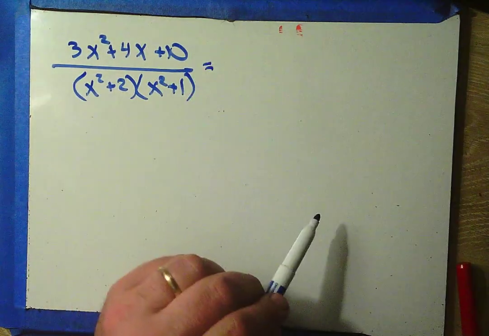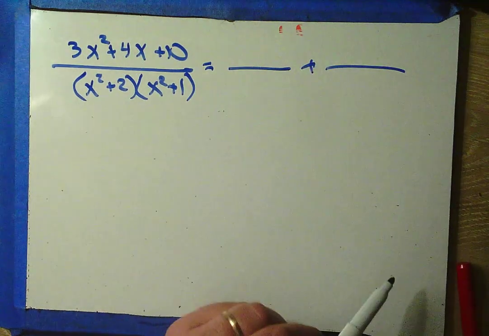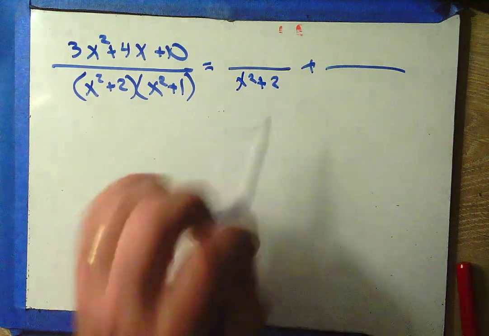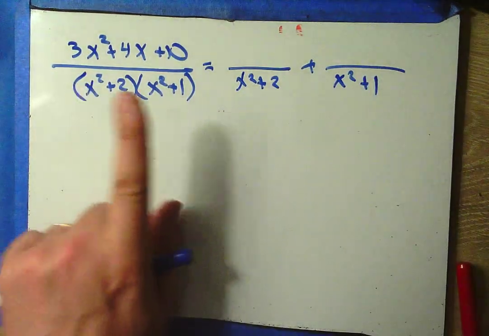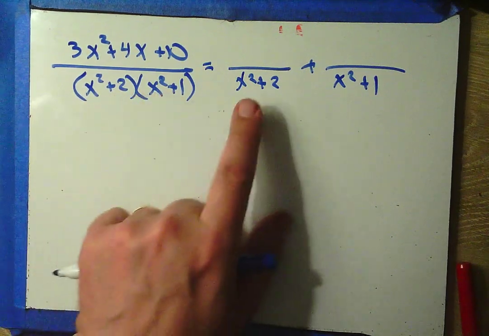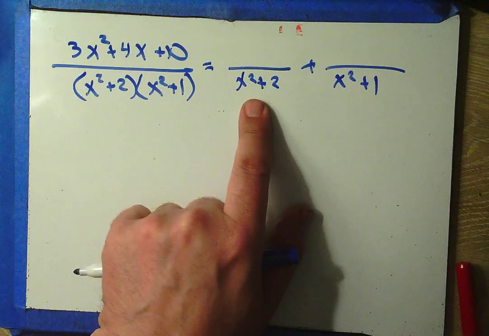Okay? So again, I have to start off with this. This is one of my denominators. Here's my other denominator. Because these are irreducible quadratics, I can't factor them further to linear factors without using magic numbers.